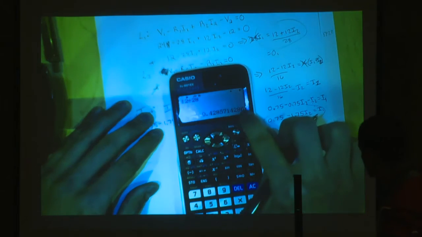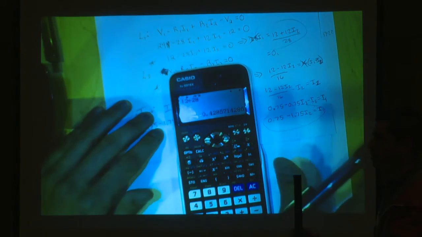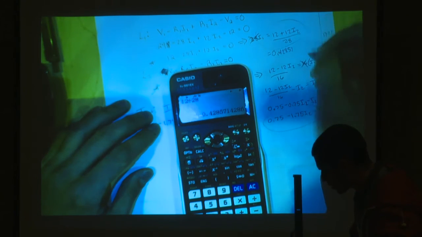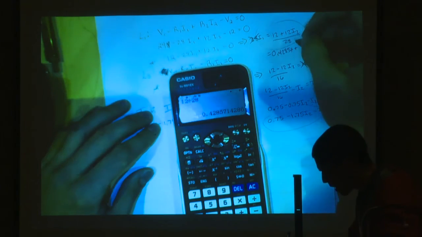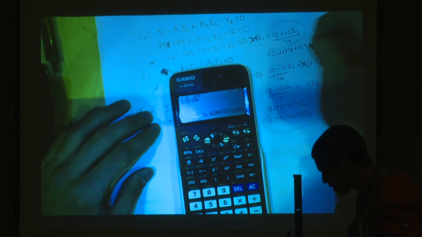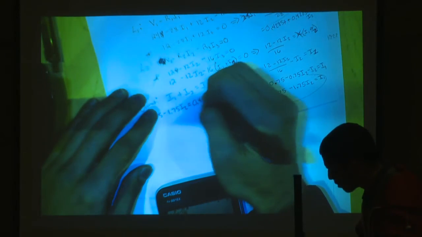When you get a large decimal, use at least 5 or 6 digits so you don't round prematurely in your equation. Plus 12 divided by 28, which is also the same thing, but times I2. Okay, just writing that over here, we have 0.42857 plus 0.42857 I2.